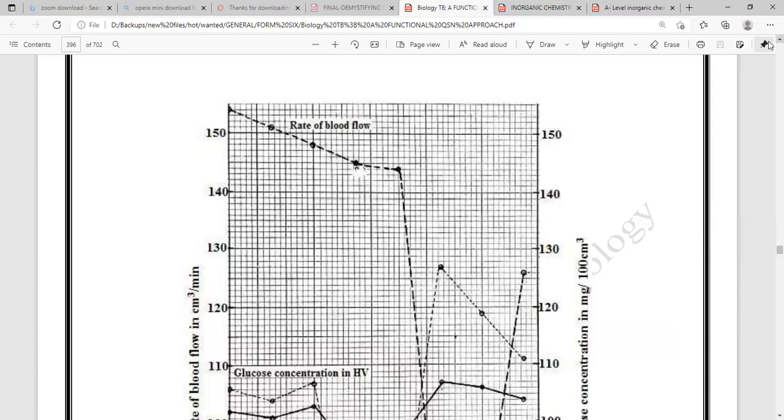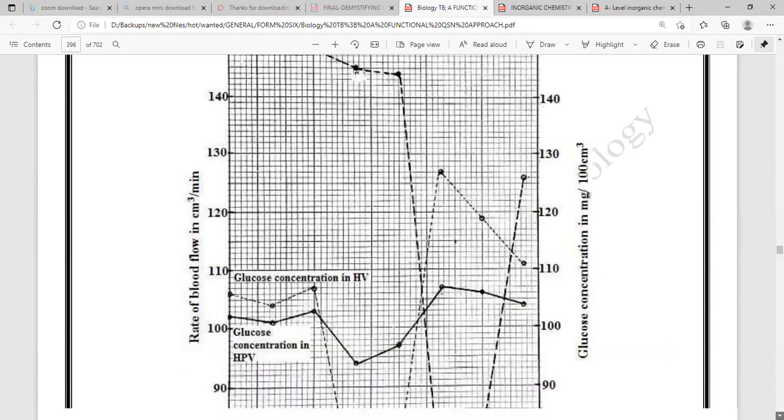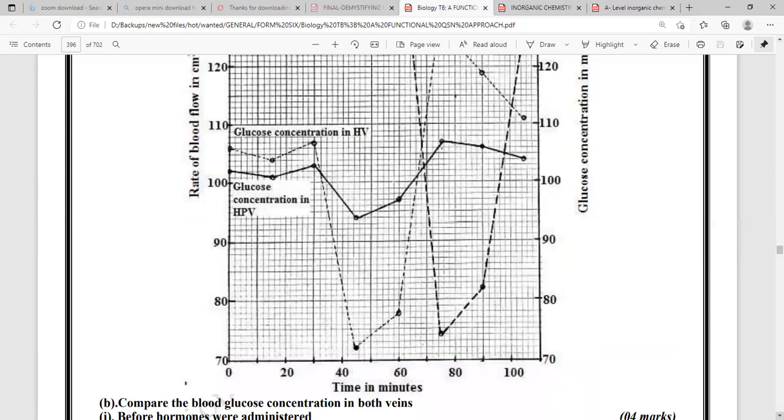You expect to have a scale. You are expected to label the axes very well. And then you plot the measurements that have been given to you. So when you plot your graph, make sure it should resemble this.